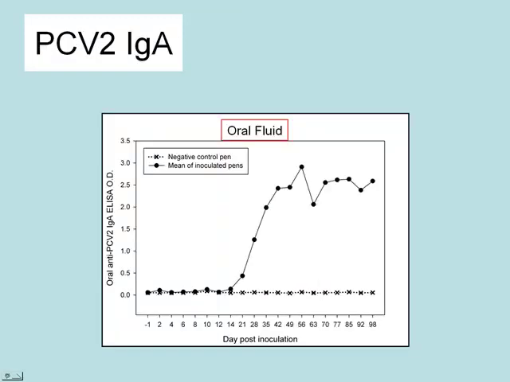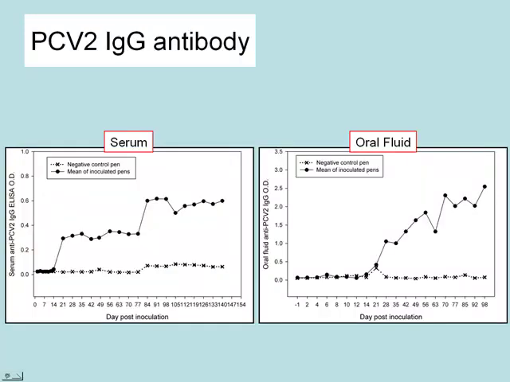Well, missing a graph there. This is IgG in serum, and as we expect, about 2 weeks out, we start to detect IgG, and it comes up and it stays at a high level. And the oral fluid graph looked almost exactly like it, and I'm not sure where it's gone.